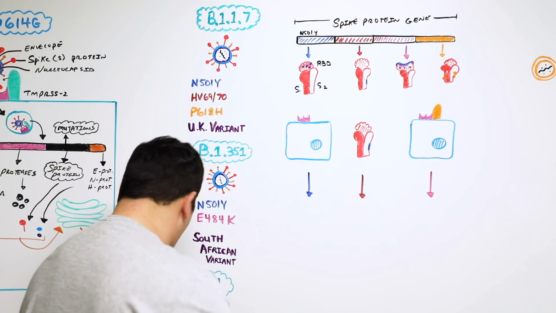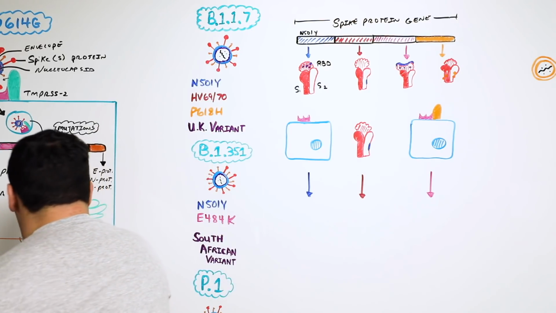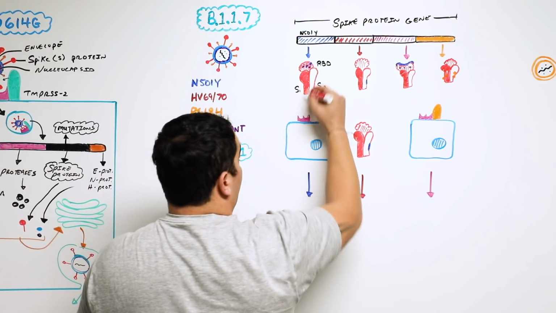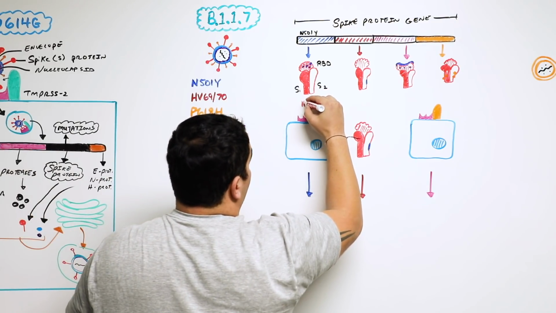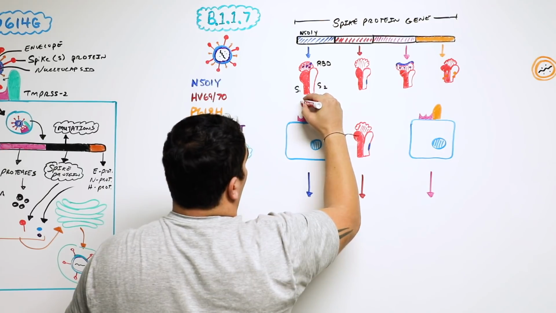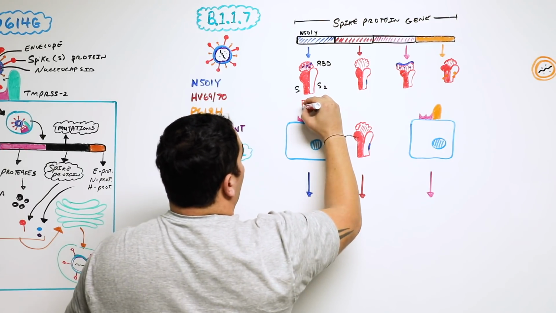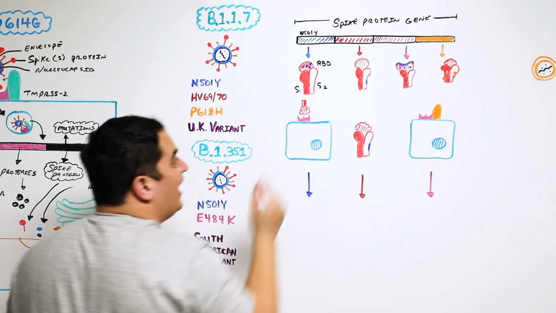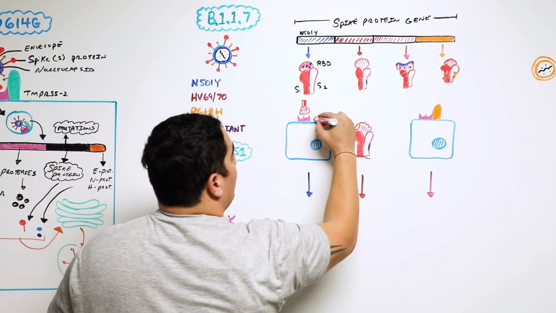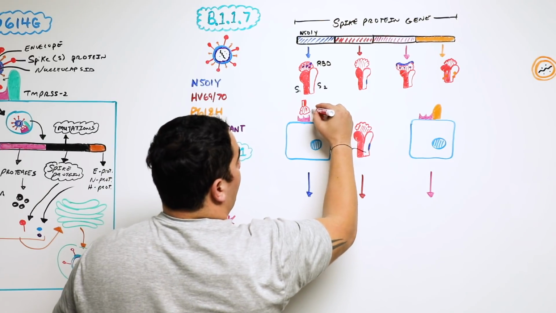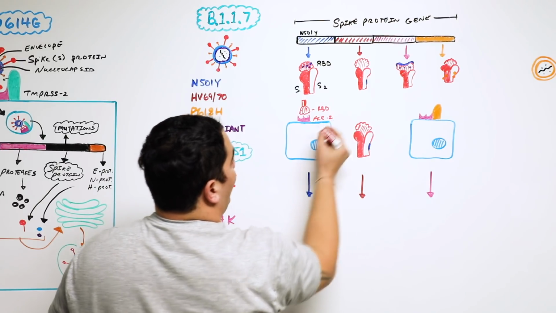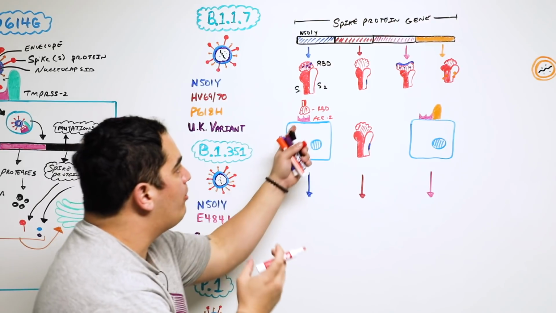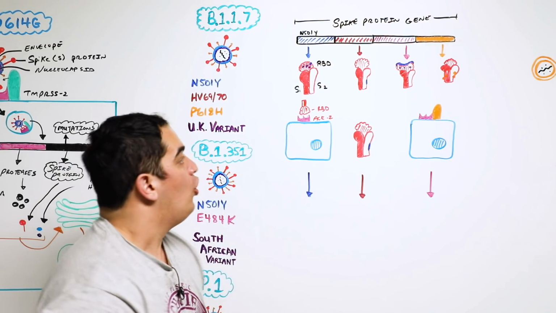Let me explain. Let's imagine that we just zoomed in on that spike protein, and it's going to bind here. So here are the two portions. We're going to have this portion here, and this portion here. The receptor binding domain is actually the particular part that interacts with the ACE2 receptor. So the receptor binding domain interacts with this particular portion of the ACE2 receptor.